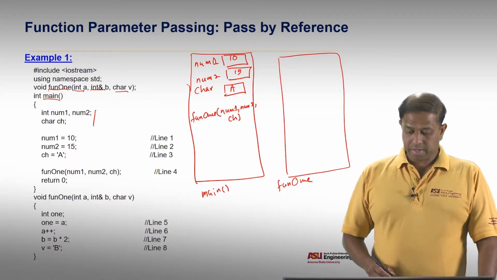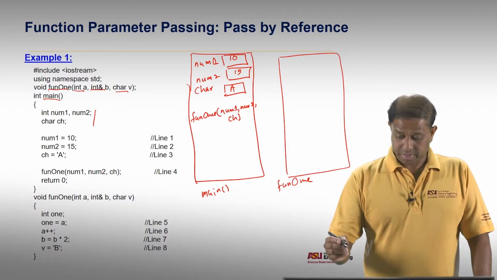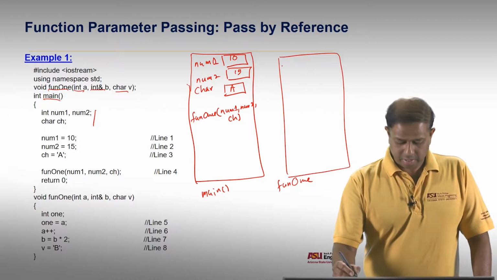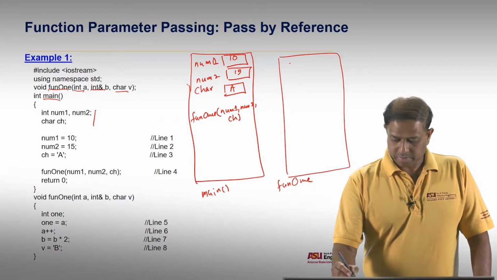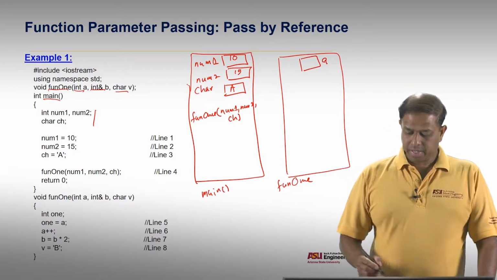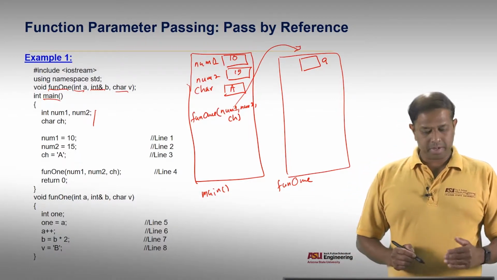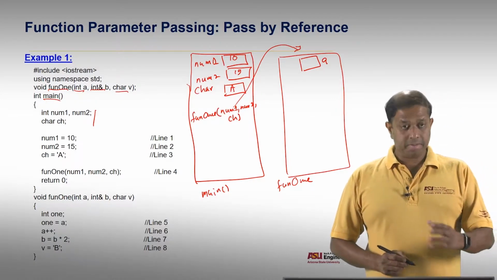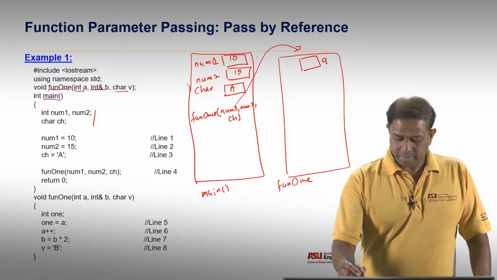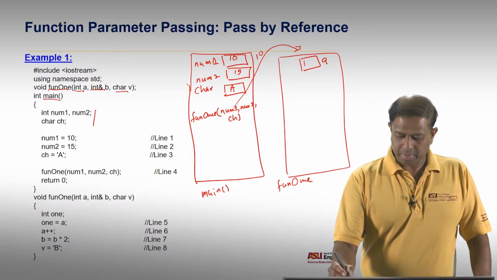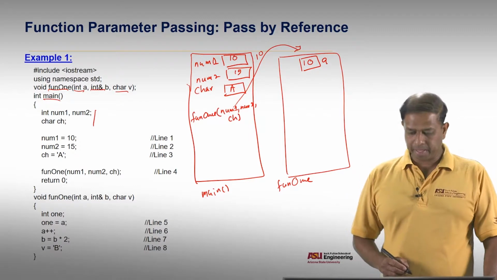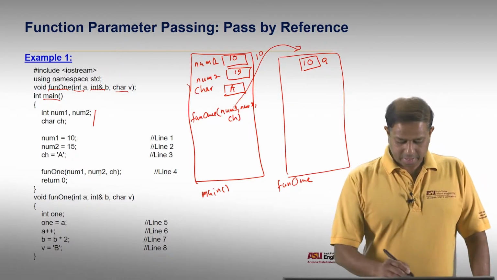When you do that, we go to the function. Inside the function we have 3 variables. The first one is variable a, which corresponds to num1. Since the first parameter is passed by value, we make a copy of the value stored in num1. That's 10, and that copy will be stored in here. Now num2 is a reference parameter.